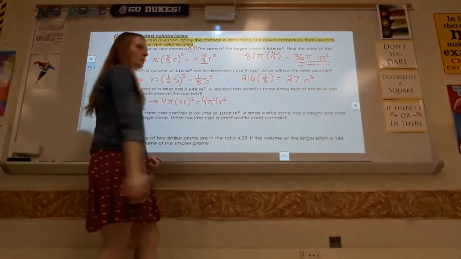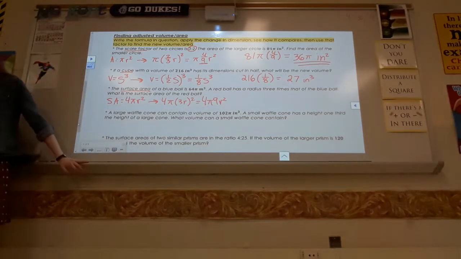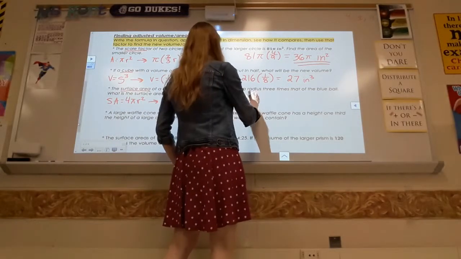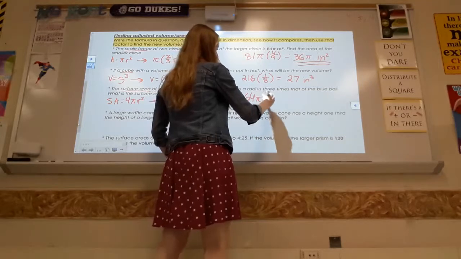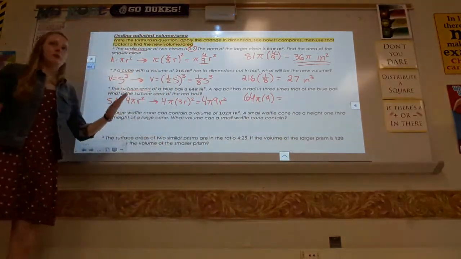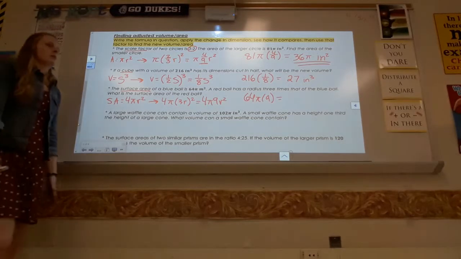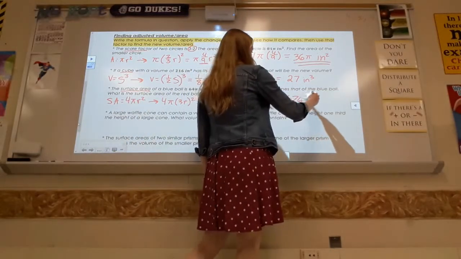Okay, so how do they compare? The surface area would now be 9 times bigger. So I'm going to take the 64 pi and multiply it times 9. Obviously it should be getting bigger because the radius is growing. What do you get? 576 pi.